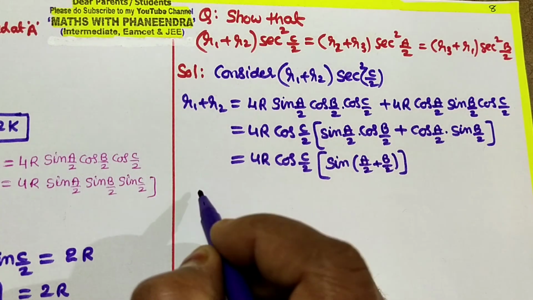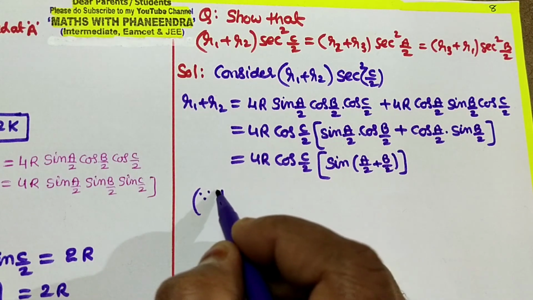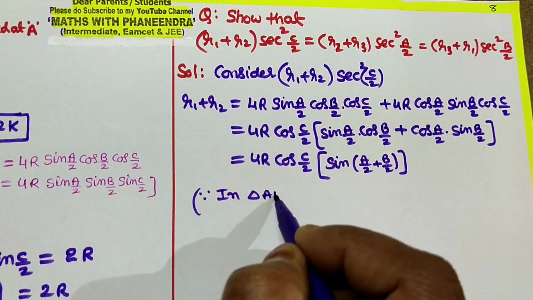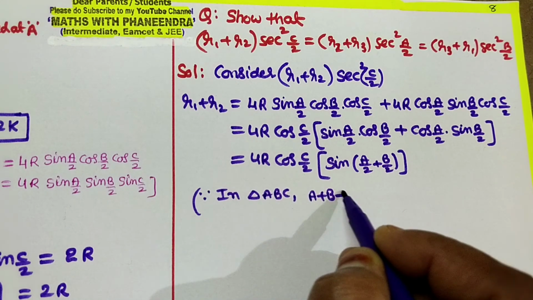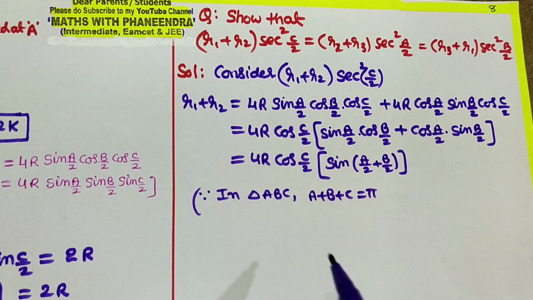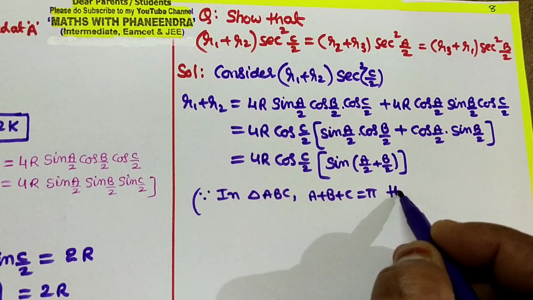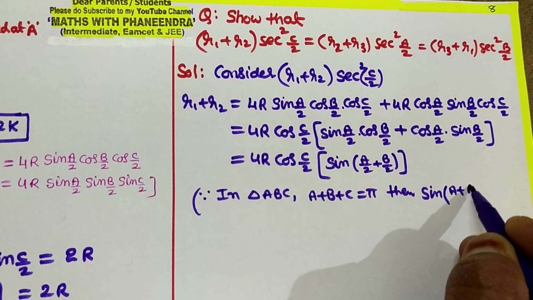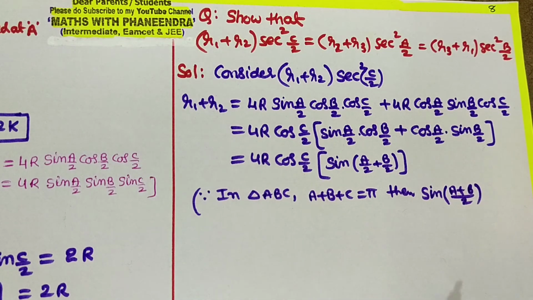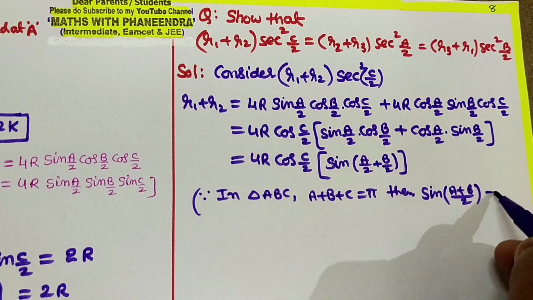Again, in triangle ABC, A plus B plus C is equal to 180. Then sin of (A plus B) by 2 equals cos C by 2.